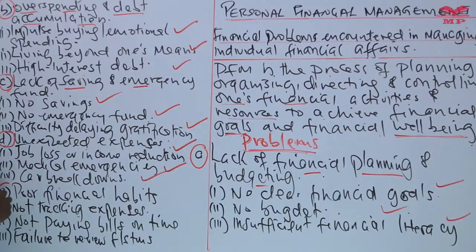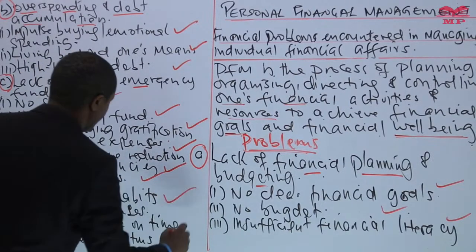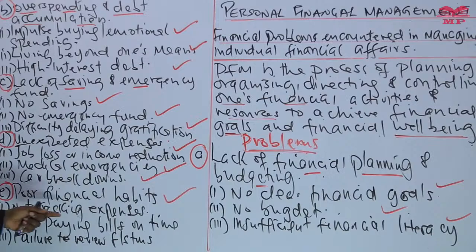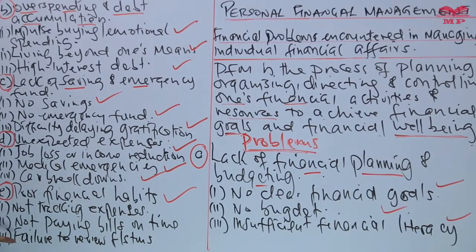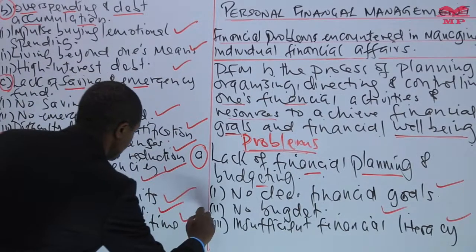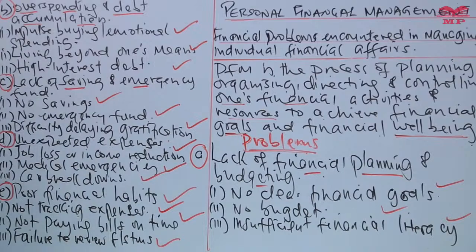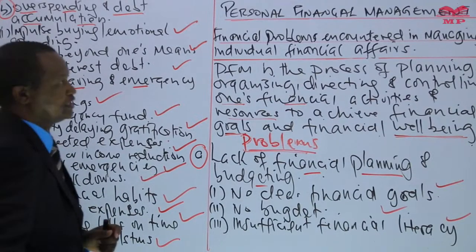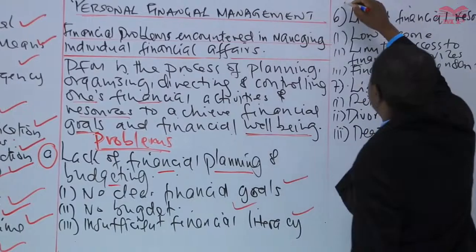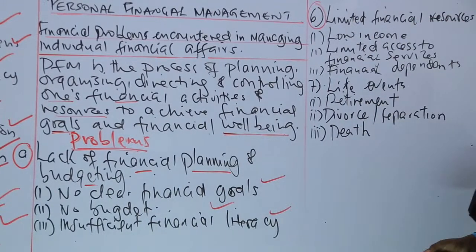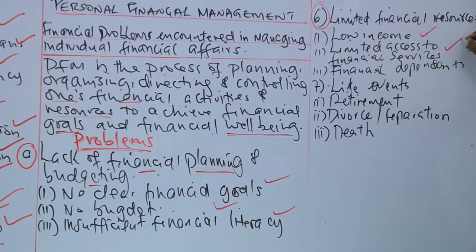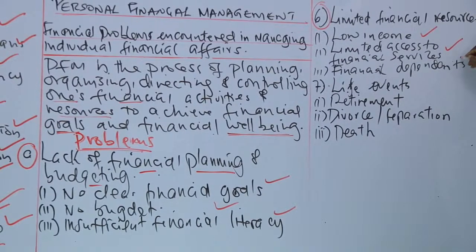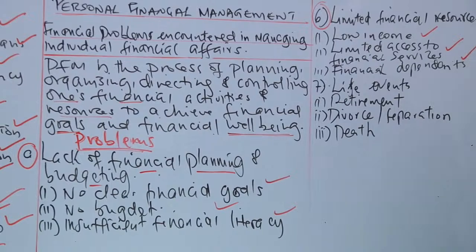Category number 5, poor financial habits, like not tracking expenses, not paying bills on time, failure to review financial statements. Category number 6, limited financial resources, like having low income, limited access to financial services, and having many financial dependents.